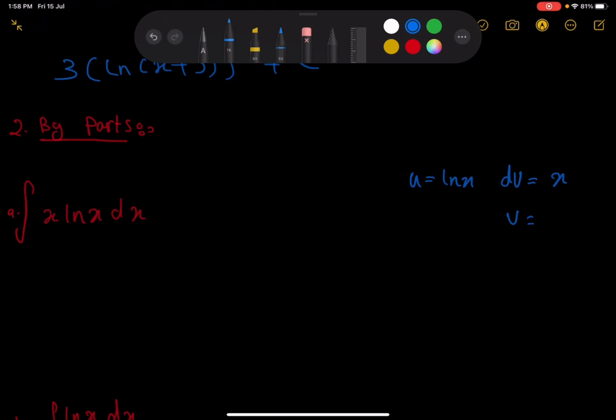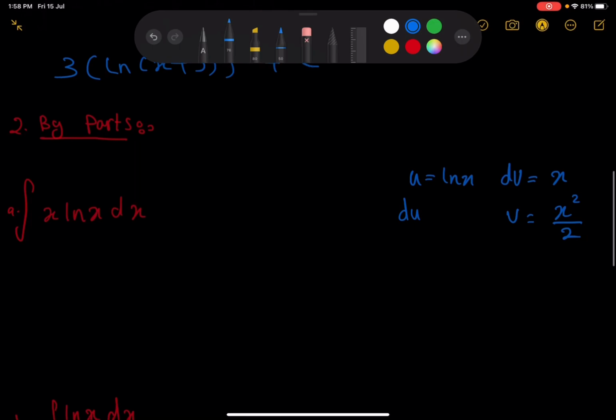So the integration of x will be x power 2 over 2, and du, which is the derivative of u, which is ln x, will be 1 over x. Then simply I'm gonna multiply uv. So let me just write it here. So you multiply uv by each other, and then you subtract the integration of v du.